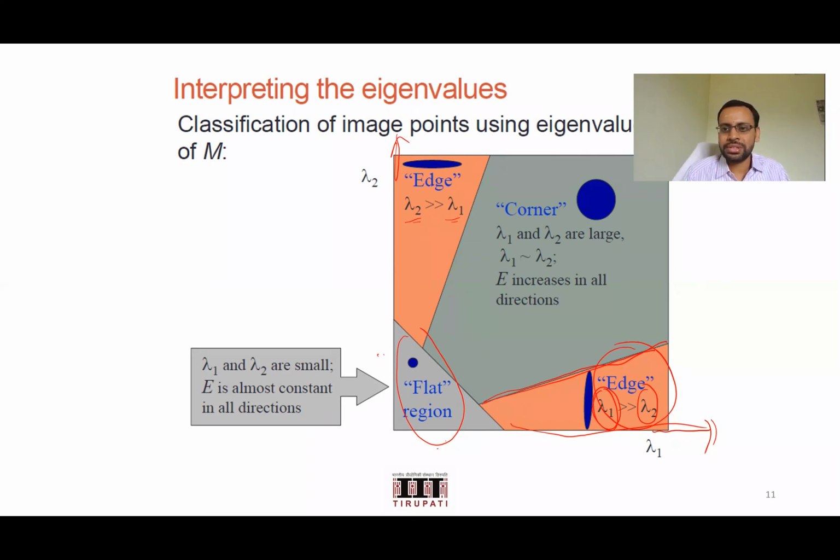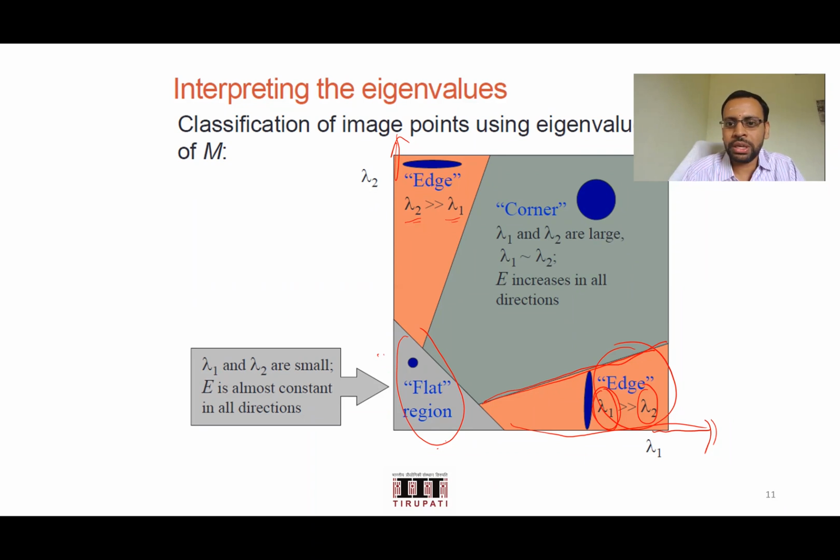See how nicely this linear algebra, matrices, and everything helped us to interpret cornerness, or having a corner versus an edge versus a flat region, in terms of the eigenvalues of the second moment matrix.